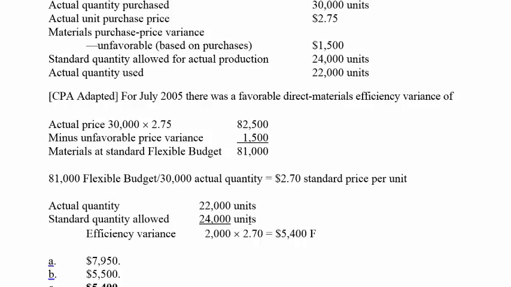Okay, because we used less units than what we would have expected to use for the same level of output. So 2,000 less times the standard price or budgeted price, the cost of that means we were 5,400 favorable in regards to efficiency.